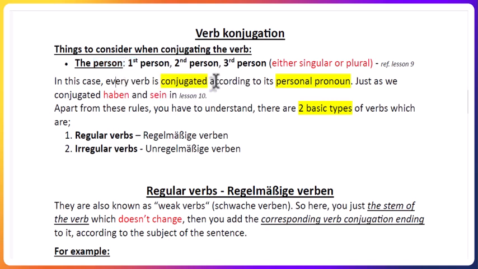The person you are talking to is the second person, and you are the first person. I am the first person, Ebenezer is the second person. And the third person is whoever we are talking about, as in lesson 9.